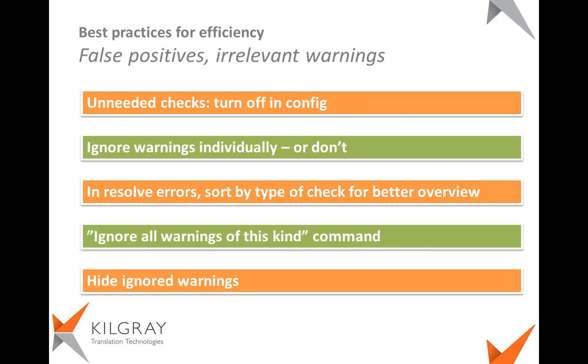You can ignore warnings individually, but I don't find this very efficient. I became quite addicted to the resolve errors and warnings list, where I can ignore a group of warnings, or a full category, if I fail to turn it off but it turns out to be largely false positives.